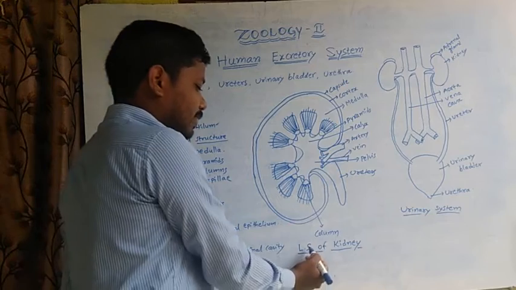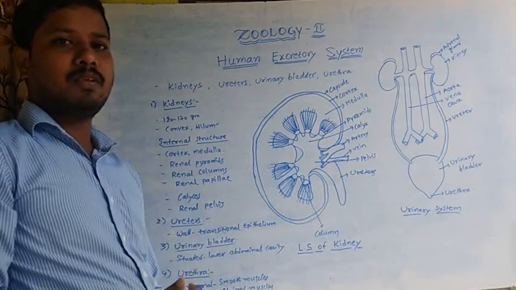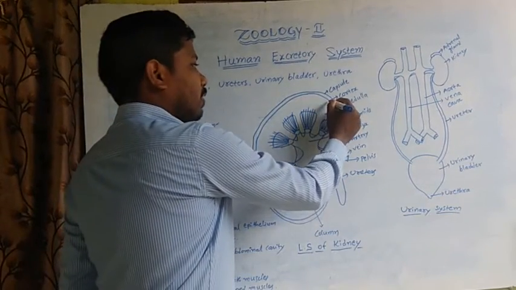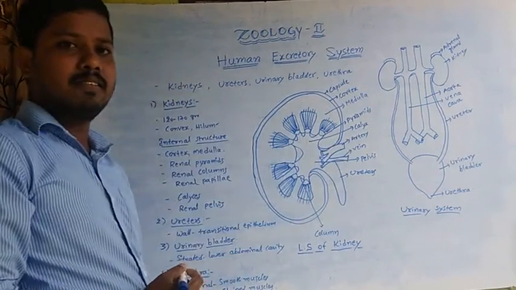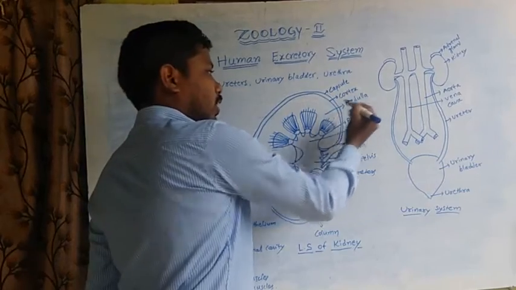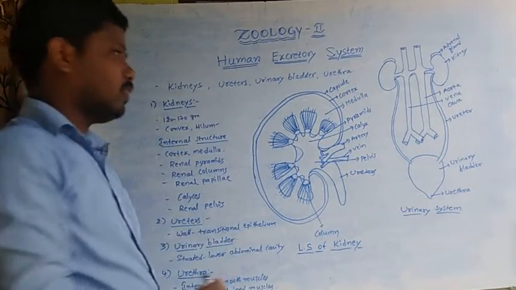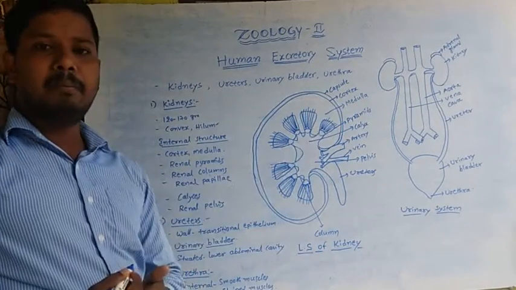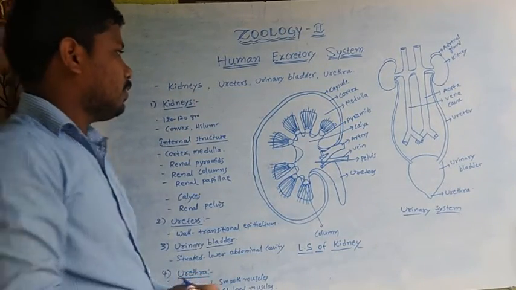A transverse section of the kidney shows two portions. The outer portion is called the cortex and the inner portion is called the medulla.